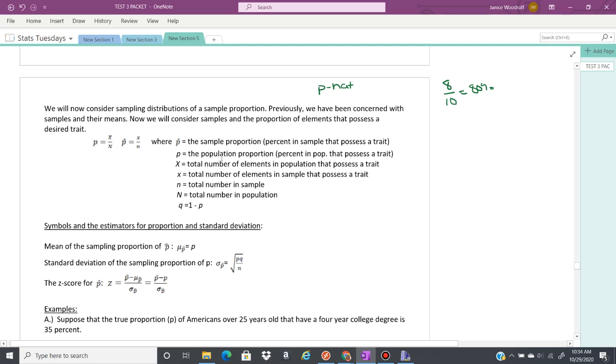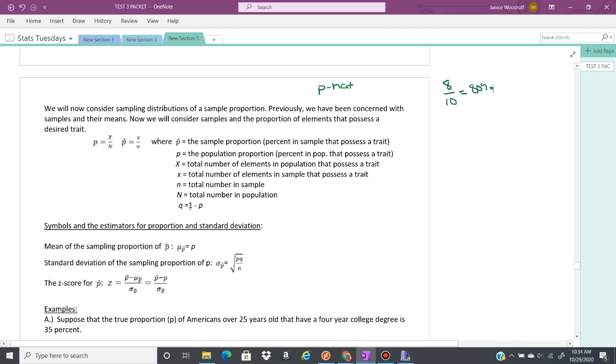Capital X is the total number of elements in a population, and lowercase x is the total number of elements in a sample that possess that trait. Same thing with lowercase n and uppercase N. I promise you guys, it's not super confusing. You will see when we do some examples.